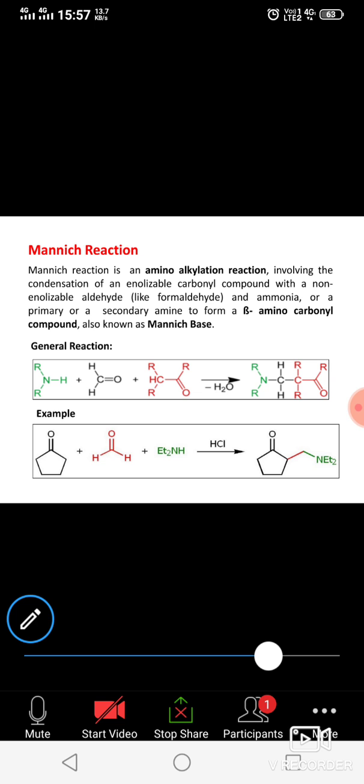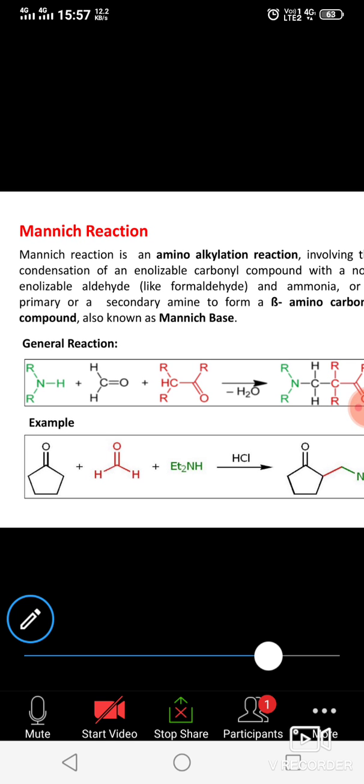Okay, so here I have given the general reaction. You can see that first, the green molecule is the secondary amine. Then you have formaldehyde in black color. Then in red color you have the enolizable carbonyl compound. It is enolizable because you can see that the alpha carbon has the alpha hydrogen.